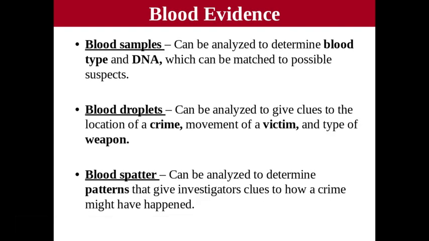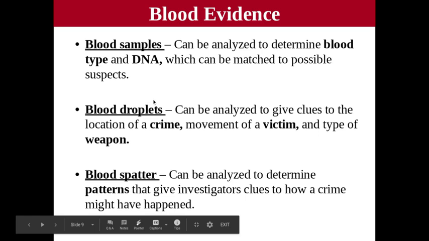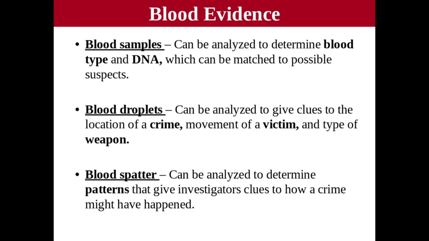So a couple terms we're going to talk about. Blood samples can be analyzed to determine blood type and DNA, which can be used to match possible suspects. Another way to use blood as evidence is in the droplets.